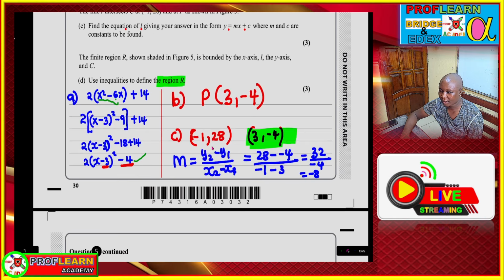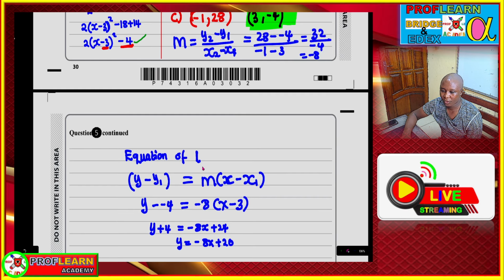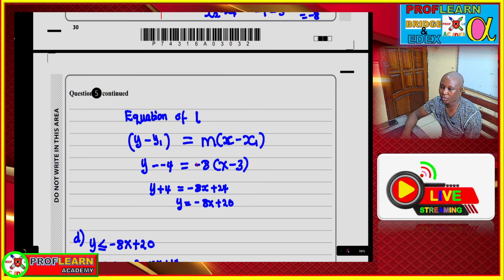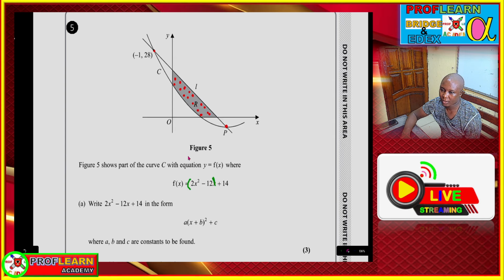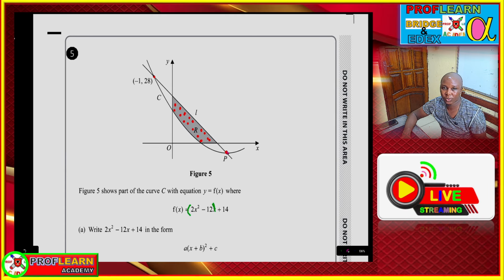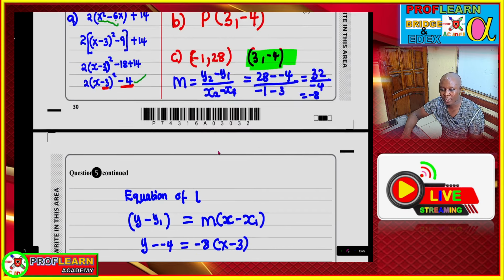Gradient is change in y over change in x, and that is going to be equal to negative 8. Then once you have gotten the gradient, you can use any of the points because we have 2 points where the line passes. So you use the gradient that you have obtained, which is negative 8, and any of these 2 points to find the equation.